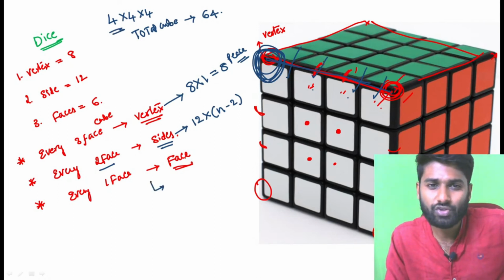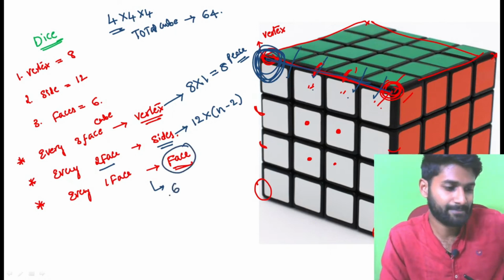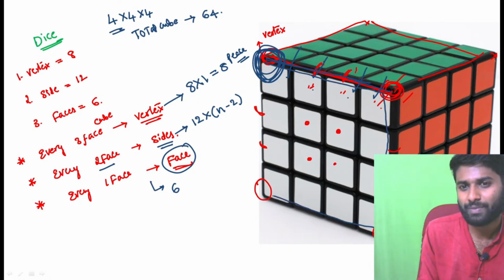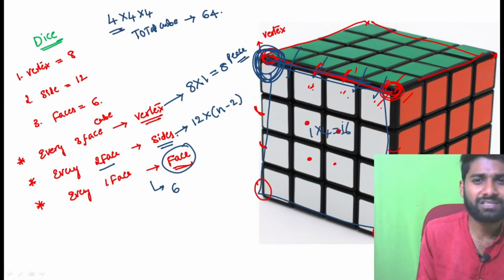Now every one face is available at faces. So the total number of faces is 6. Face means these total pieces, which I consider as 4 into 4 equals 16. But I don't consider those 16 pieces directly. Why? Because we cannot count these side pieces.